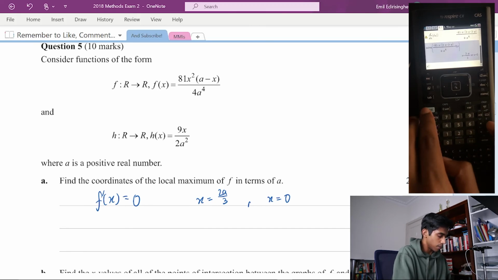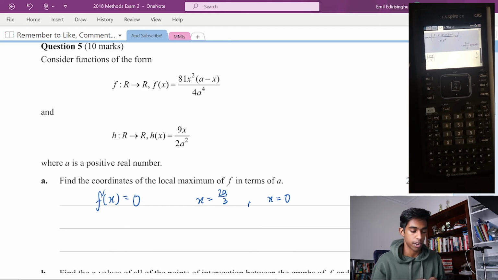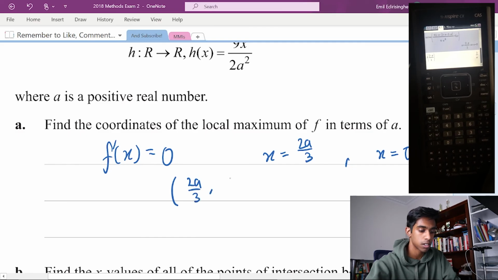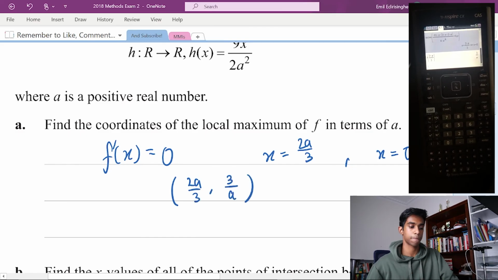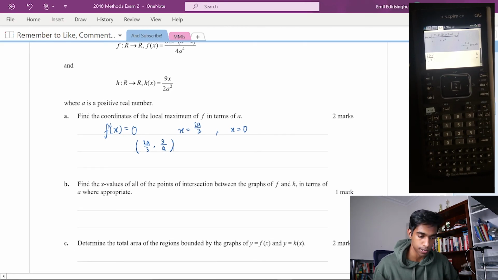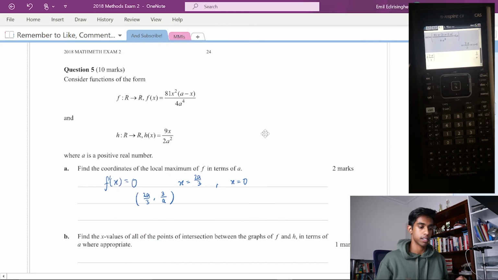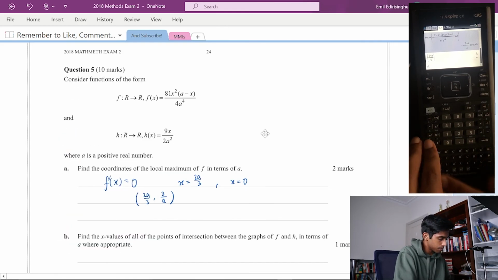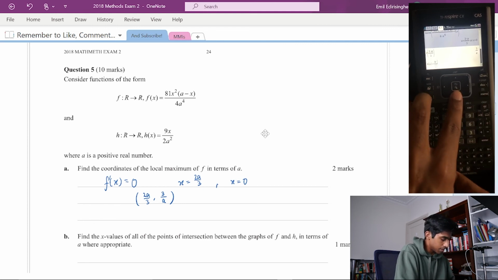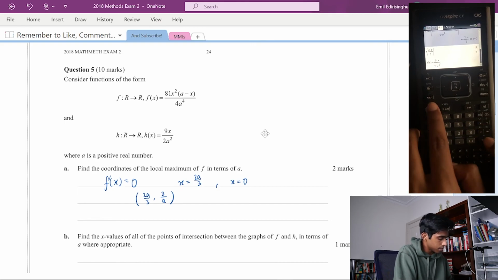Now we go f of 2 times a on 3, that gives us 3 on a. Therefore, the coordinates are going to be 2a on 3, 3 on a. So now what we do is we find the x values of all points of intersection between the graphs of f and h. So now I'll have to define h as well. So we've got h of x is equal to 9 times x on 2a squared.